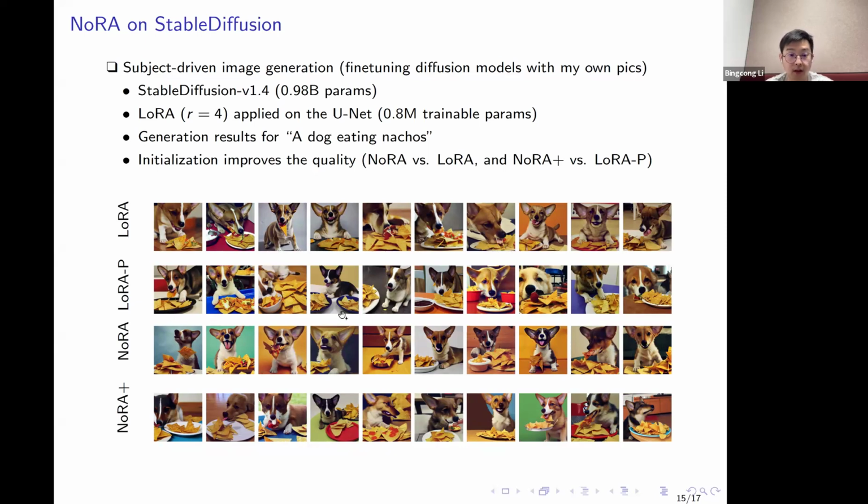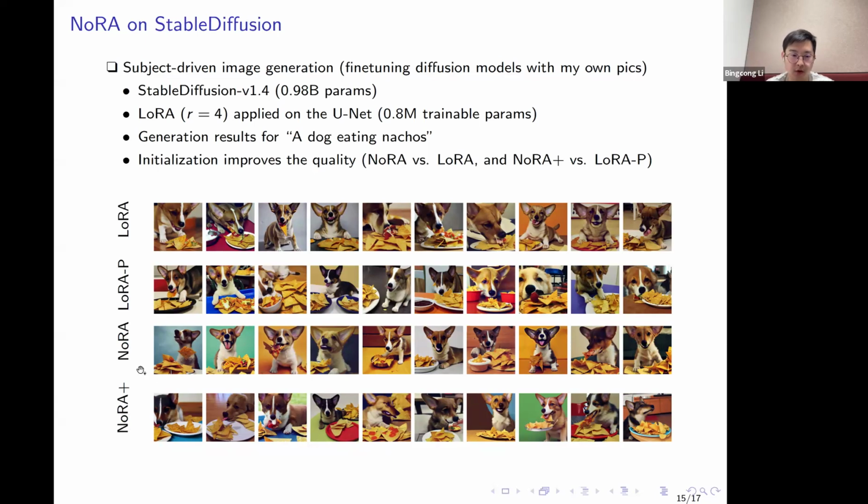You can see the image quality is relatively okay, but still in the third figure, this dog is not really like a dog, right? NoRA is where we applied Nyström initialization directly, and you can see that the image quality has already improved. And NoRA Plus is where we applied Nyström initialization on top of LoRA P. In this case, you can see the dogs are also fine.